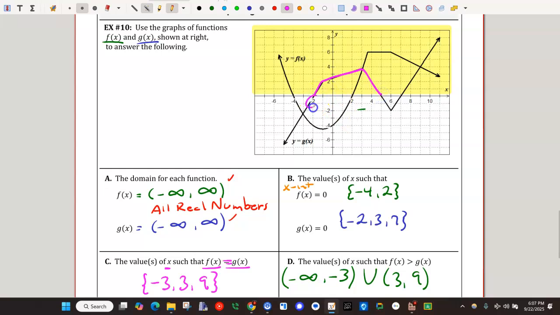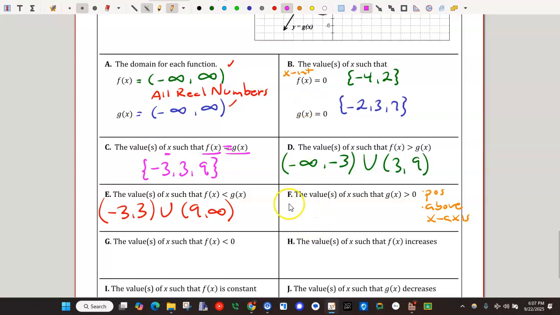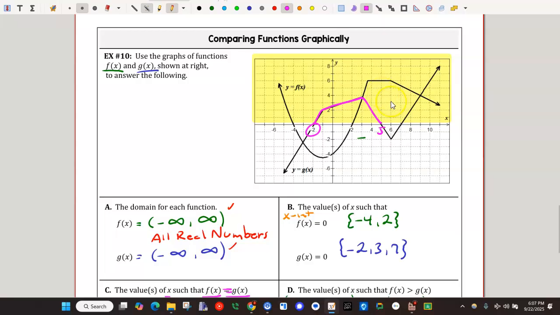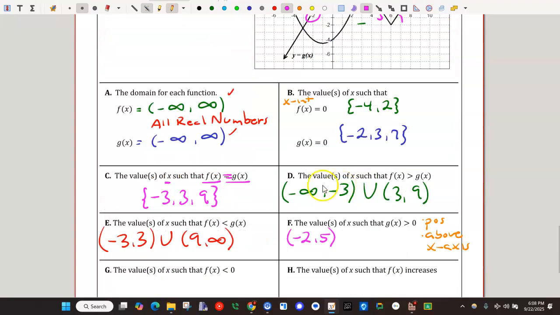So from, looks like negative 2, and this looks like 5. Negative 2 to 5, that's all positive. And then it starts up right over here from 7 and on to forever. So right here at 7, also positive. 7 to forever, infinity. All right.